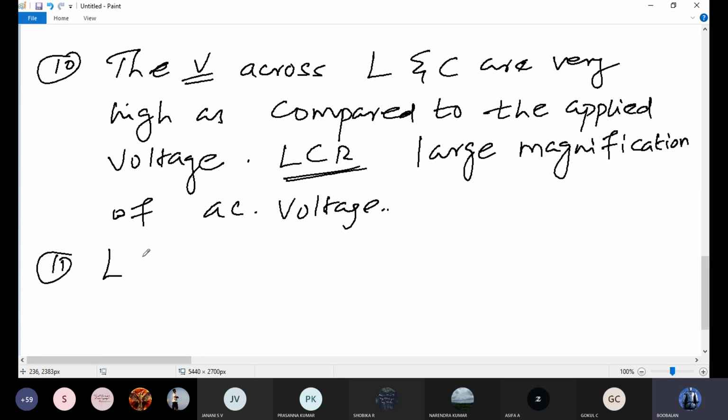So in this LCR circuit, it is called an acceptor circuit.